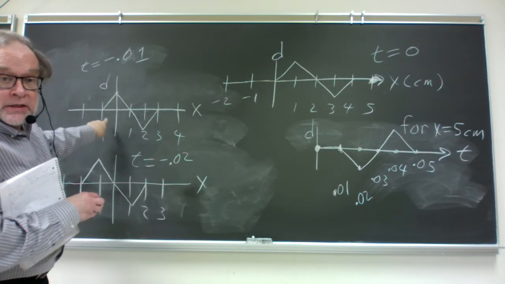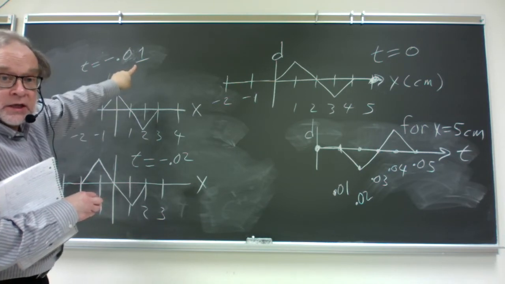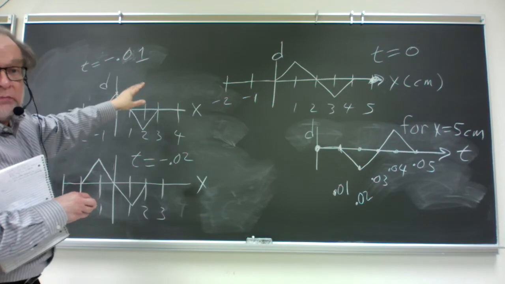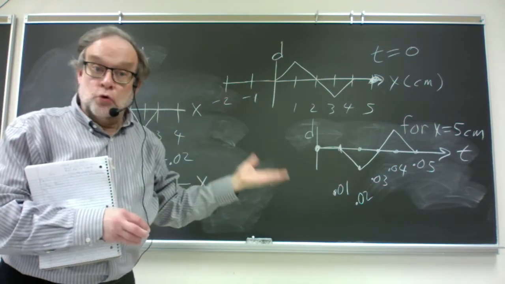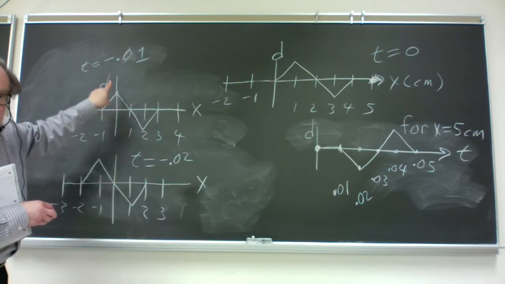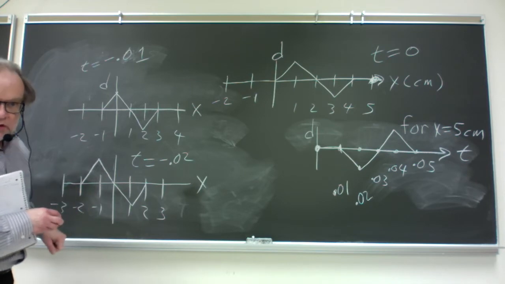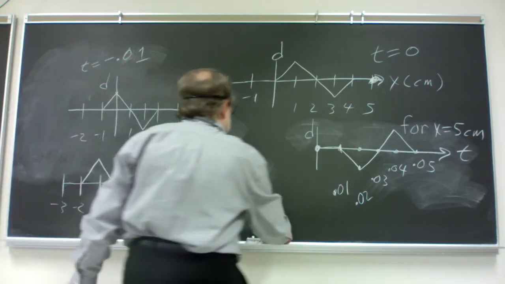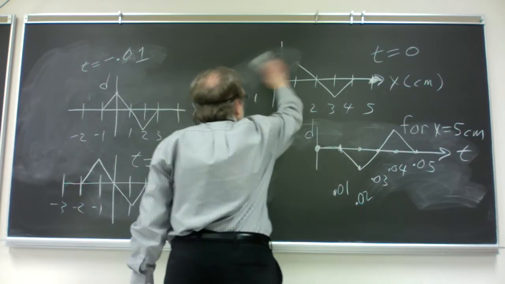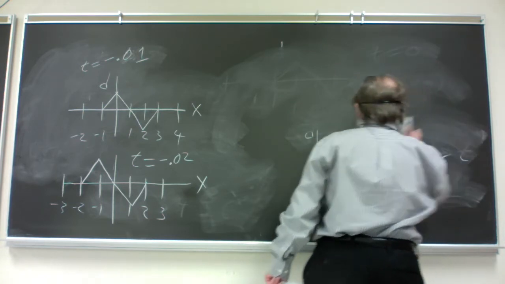The last piece of the pulse passes by the minus 1 centimeter point at this time, so the rest of the pulse must have been passing through that point at even earlier times. But we can see, for example, at 1/100th of a second before this, the peak near the back end of the pulse was just passing through the minus 1 centimeter point. So let's draw the history graph for the minus 1 centimeter point.